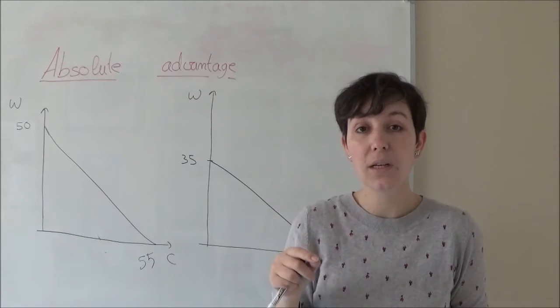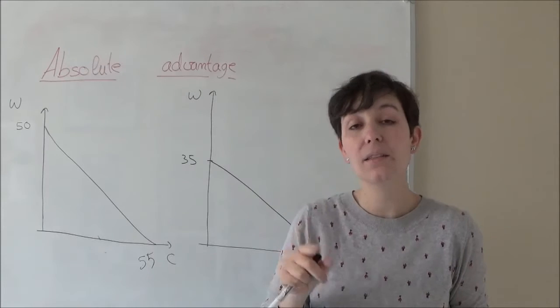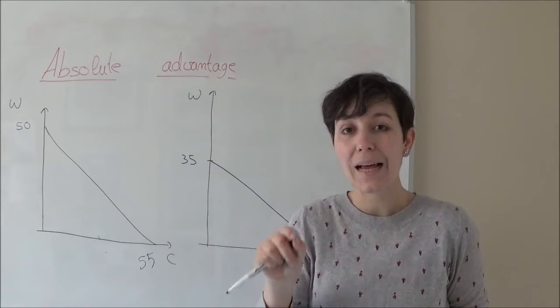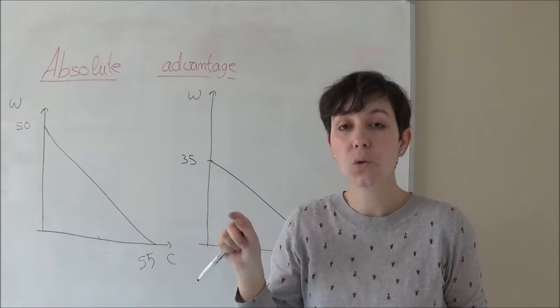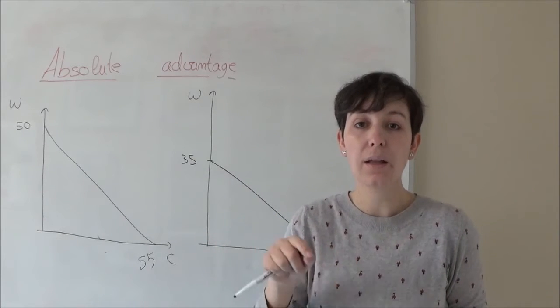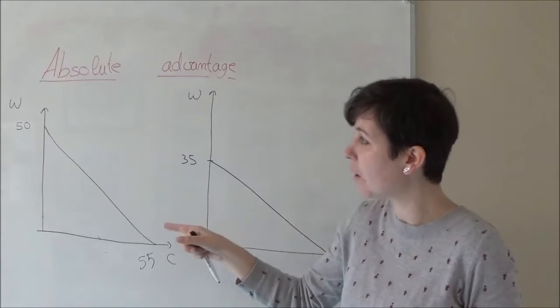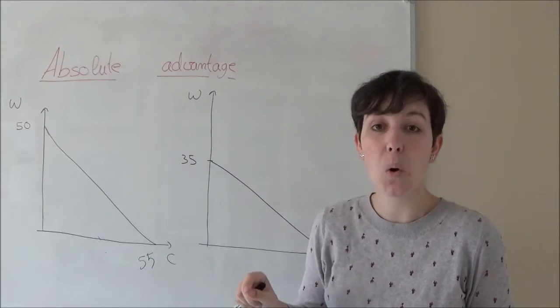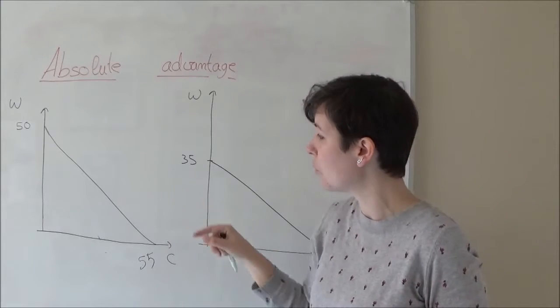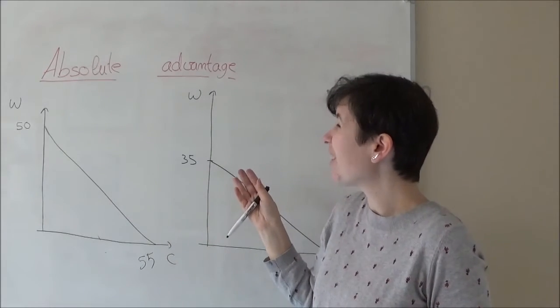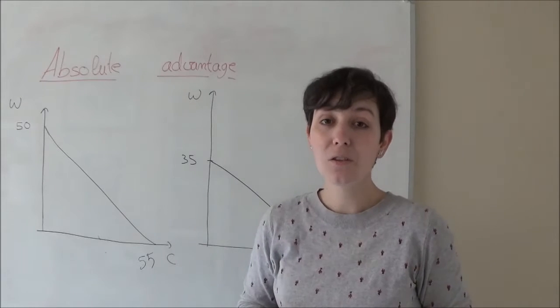That's why we need the comparative advantage, that is always going to give us an answer. So it's going to tell us who is going to trade with whom and in which goods. Even in a case like this, where one economy is the best doing both goods, okay? So that's why the absolute advantage is okay, but it's not enough.